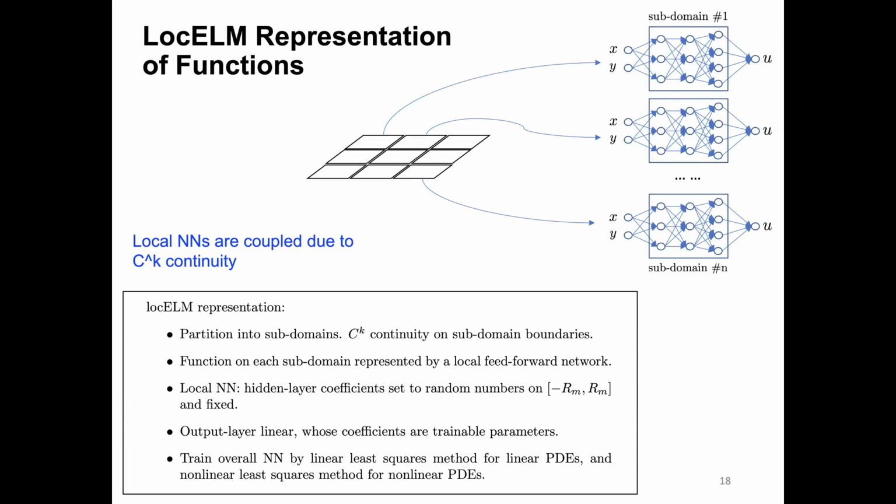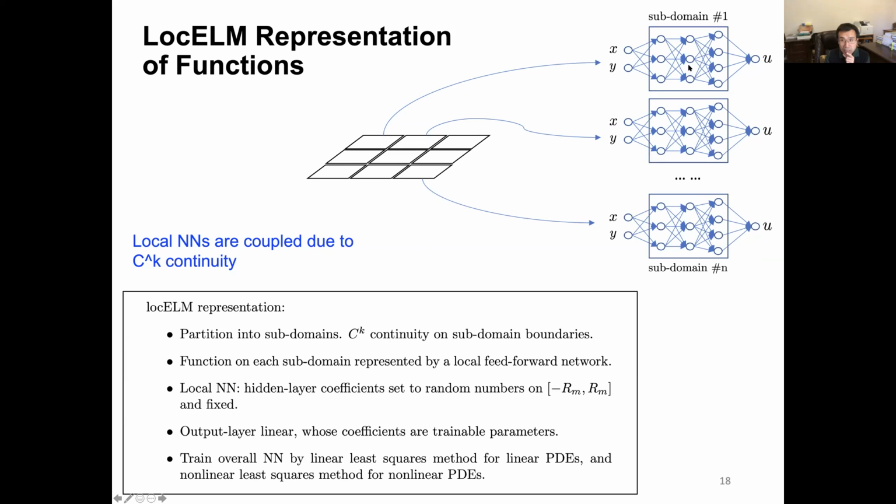Yes. Okay. So how do we use the local ELM to represent the functions? Now here's the idea. We first partition the domain into subdomains, and then on the subdomain boundaries, we impose the C^k continuity conditions. So k here is related to the PDE order. If we have a PDE of the mth order, then we'll usually impose the C^(m-1) continuity conditions on the subdomain boundaries.